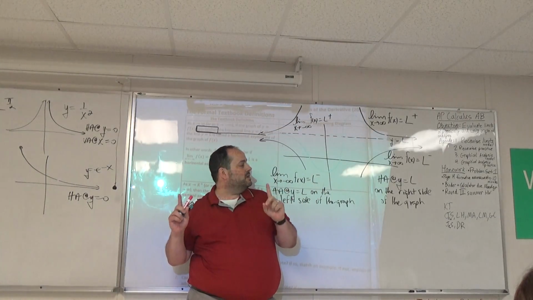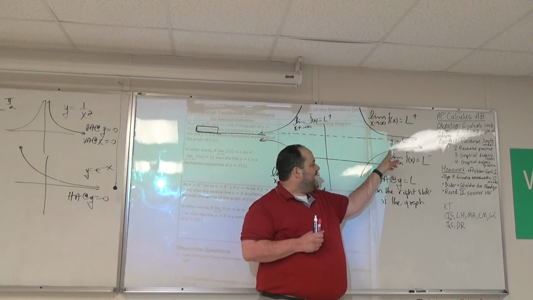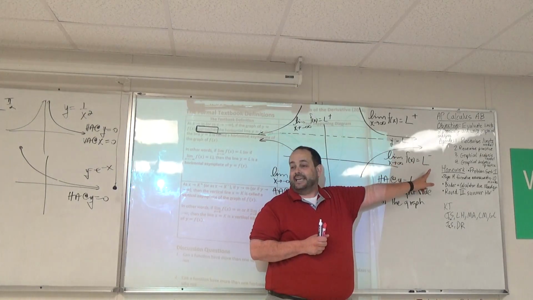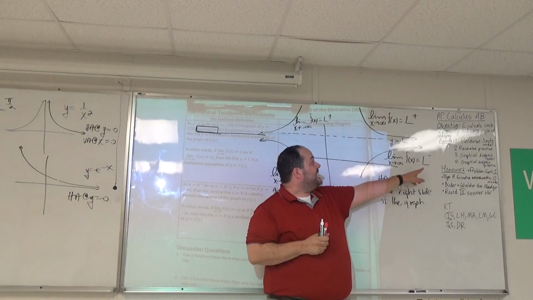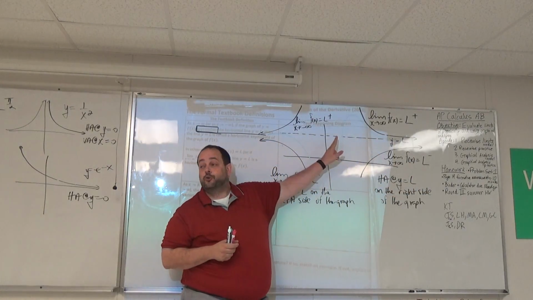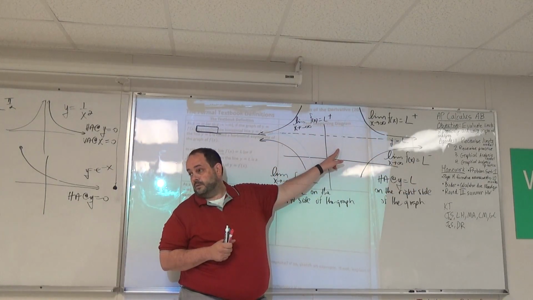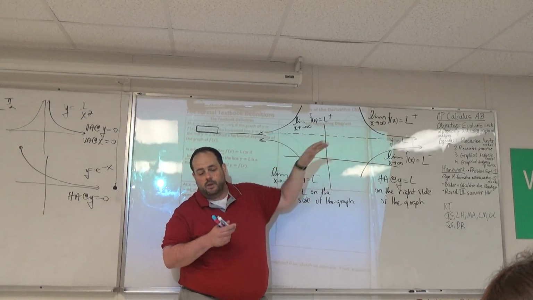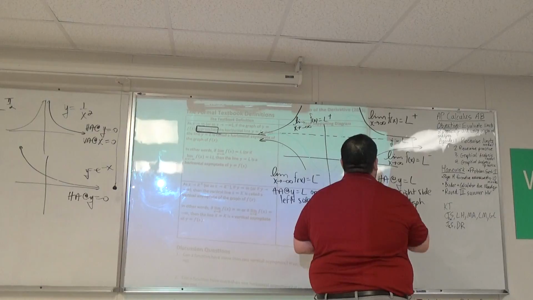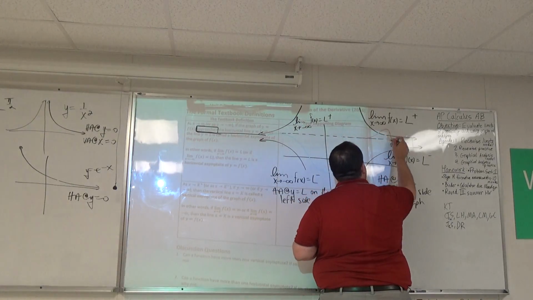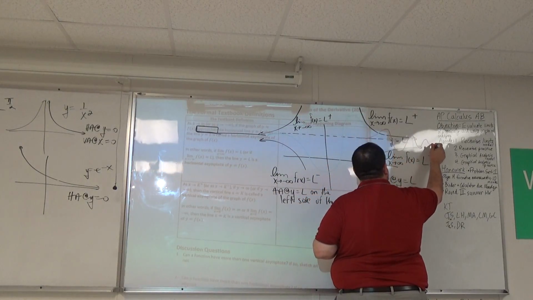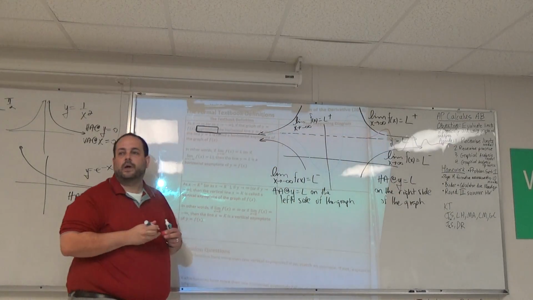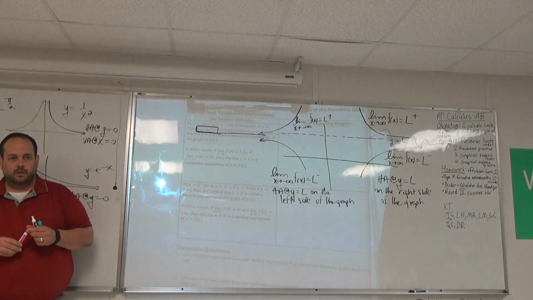Our definition of horizontal asymptote says, as the limit as x approaches infinity of the function, we get to L. It is possible to cross a horizontal asymptote. You can cross a horizontal asymptote in between. You can even cross the horizontal asymptote on the way out, like maybe your function wiggles a little bit and then eventually flattens off. Those things are okay.